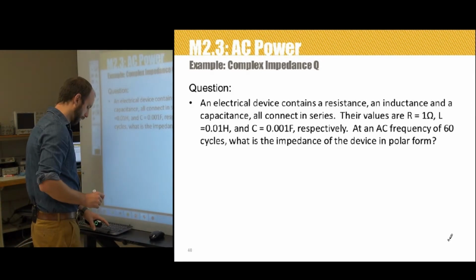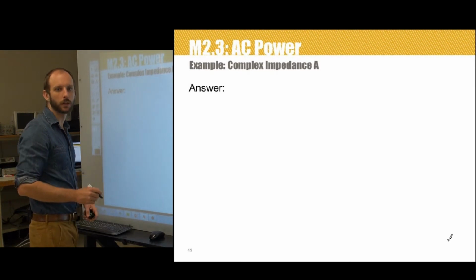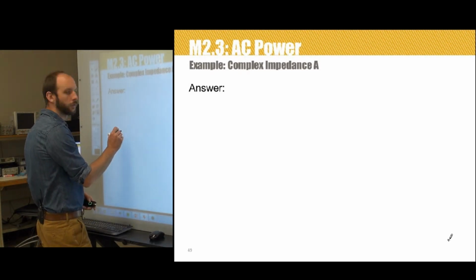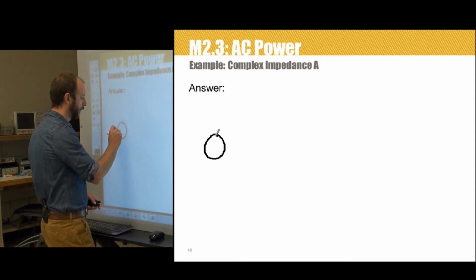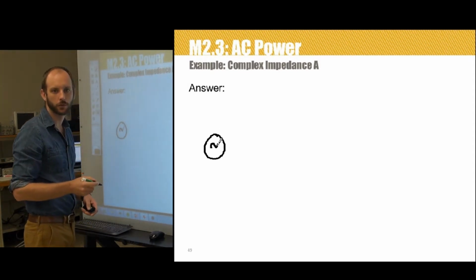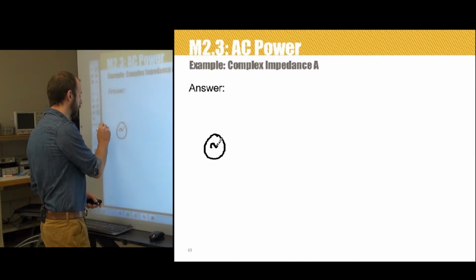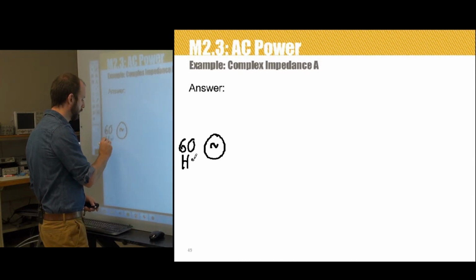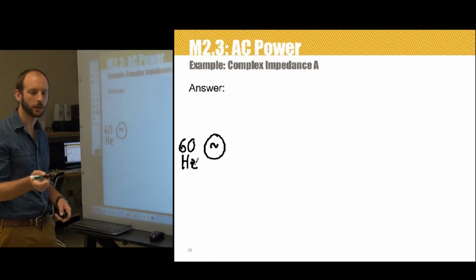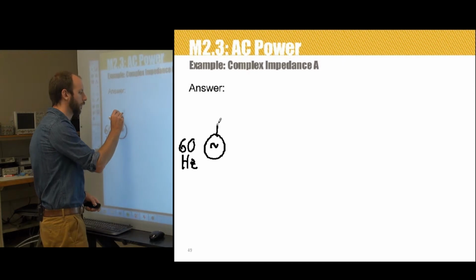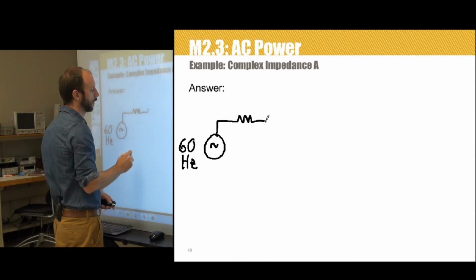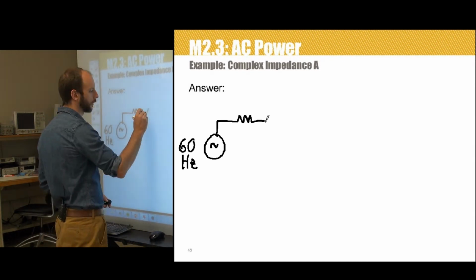So what we would do is draw the equivalent circuit diagram. First, we've got an AC voltage source. It is at 60 cycles, or 60 hertz, which we need to know to calculate inductive reactances. We don't need to know it to calculate resistances. We've then got a resistor. We use the circuit symbol there.